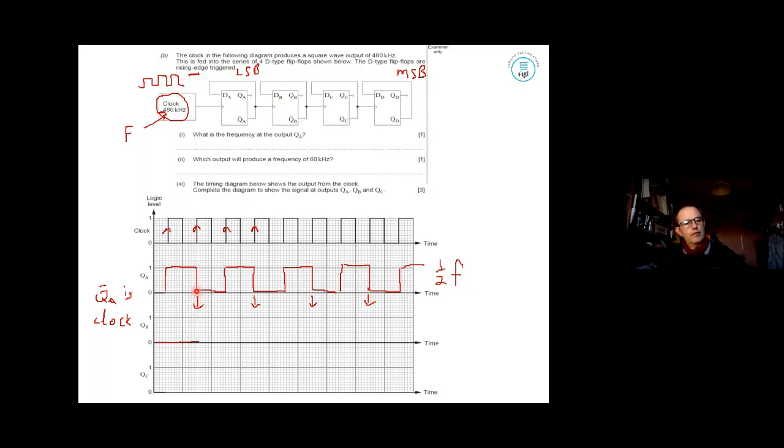So a falling edge on the Q gives you the rising edge on the not Q. If you're doing this right, you should end up with half the frequency of the first one again.